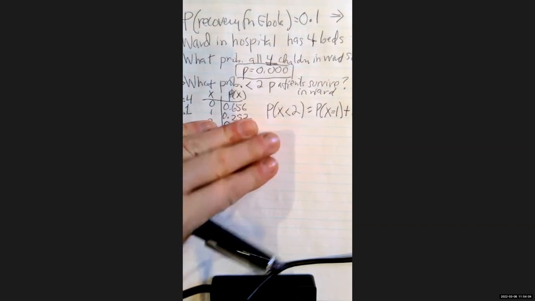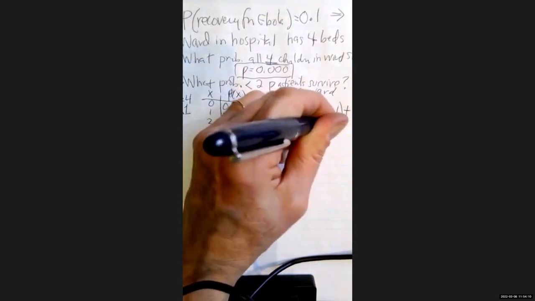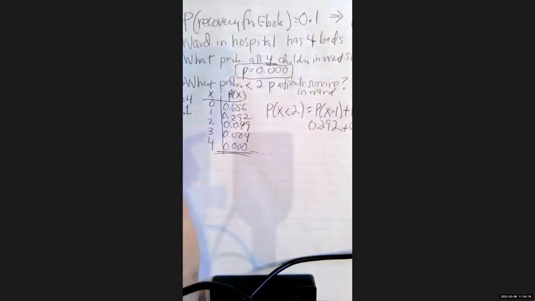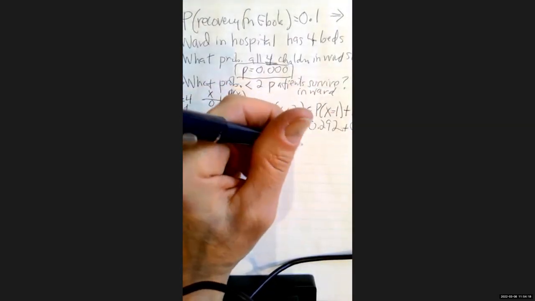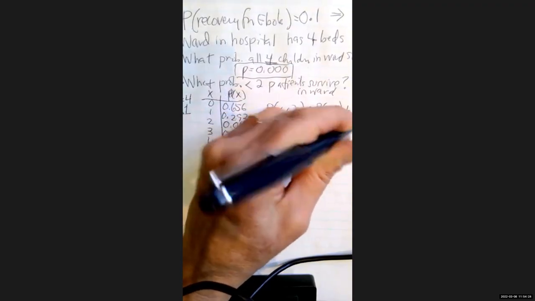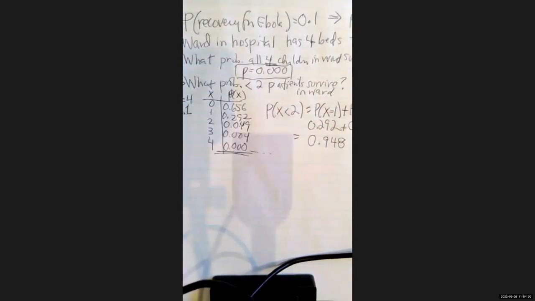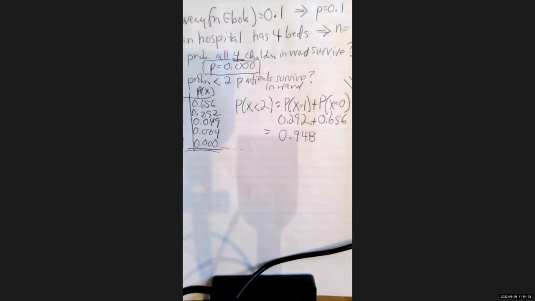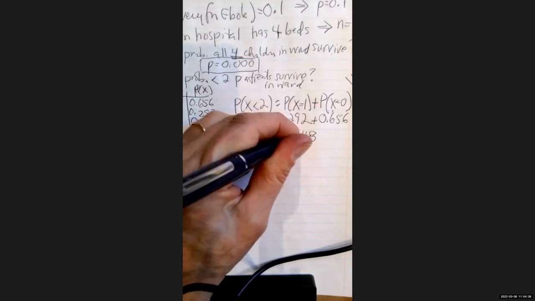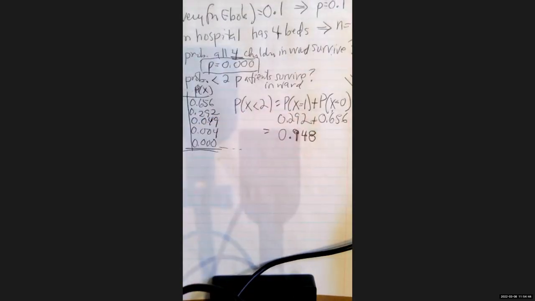It's an or question, so I'm going to add together 0.292 and 0.656. That equals 0.948. Not very likely. Sorry, very likely. That's the probability that less than 2 patients survive in each ward.